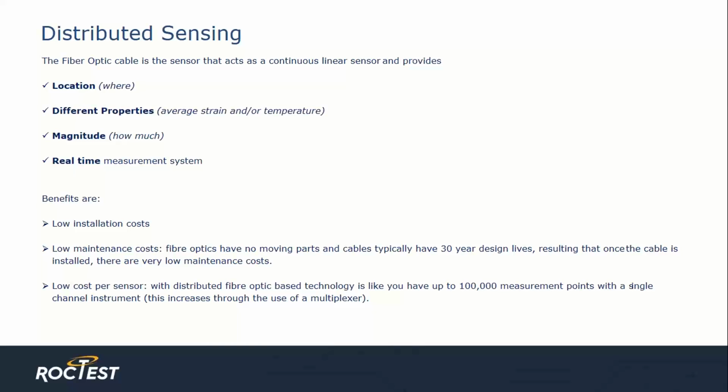The cable has a spatial resolution of 1 meter, thereby giving the end user a data point every meter. And because the cable itself is the sensor, it provides a cost savings in both materials and installation. Also, because distributed fiber has no moving parts and is designed with a 30-year lifespan, maintenance costs are extremely low.